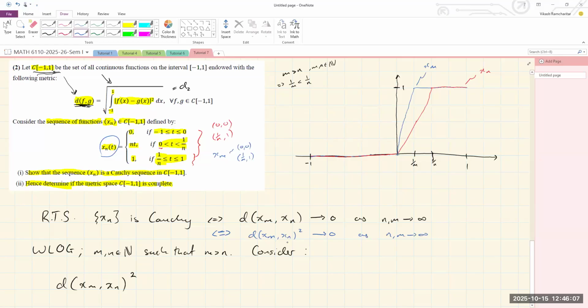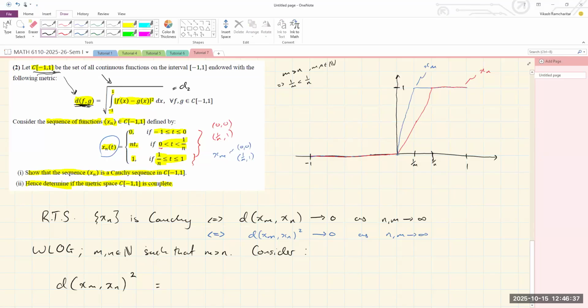So we could either show that the distance between any two terms is going to 0, or equivalently show that the distance squared is going to 0. What the square does is allow us to not worry about the square roots, so we don't have to write the square root every time.